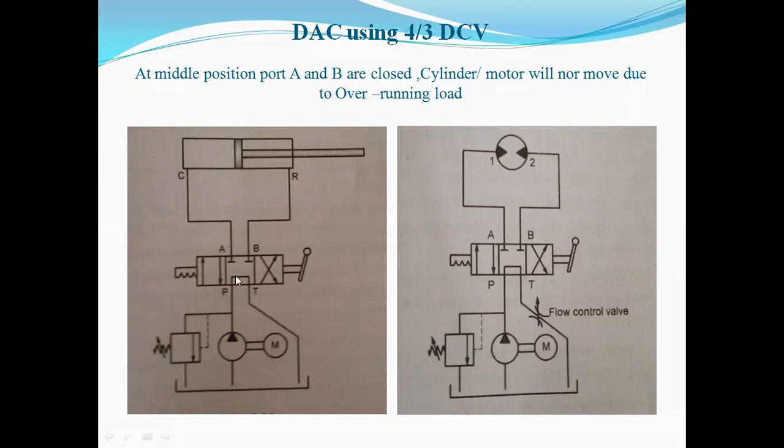In the intermediate section, the pressure line is again connected to the tank. In normal operating condition, it will start moving towards the forward direction. In the return line, it will retract the piston. Then we connect this as an intermediate section.